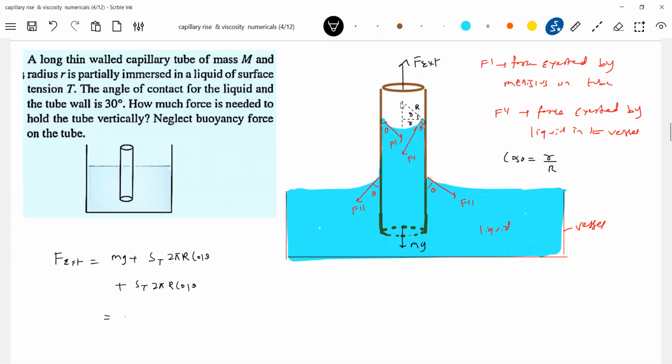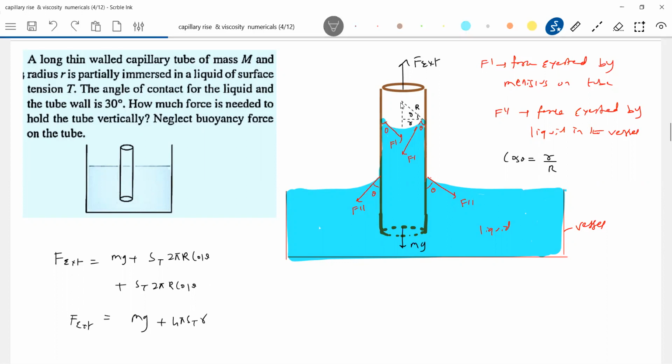Should be small r. So mg plus 4 pi. Okay, we'll agree this.